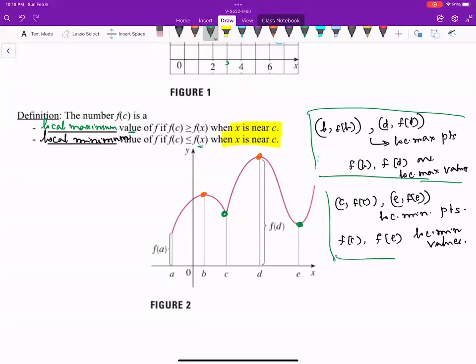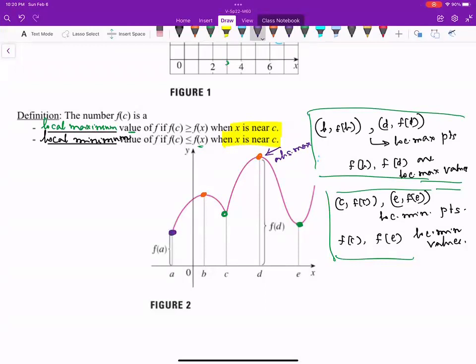Is there an absolute maximum in the graph? Is that the highest point in the entire graph? That is going to be this point. That is going to be the absolute maximum. What is the smallest? The smallest here is this one here.